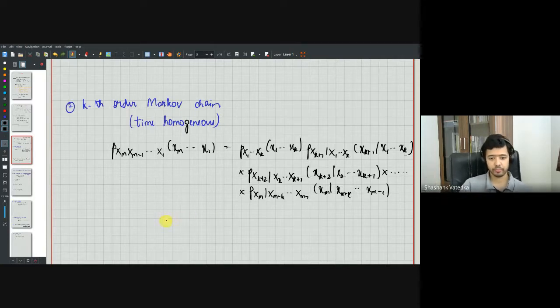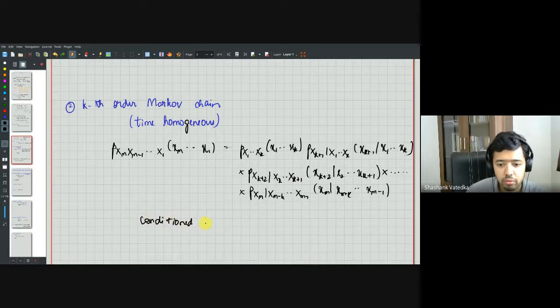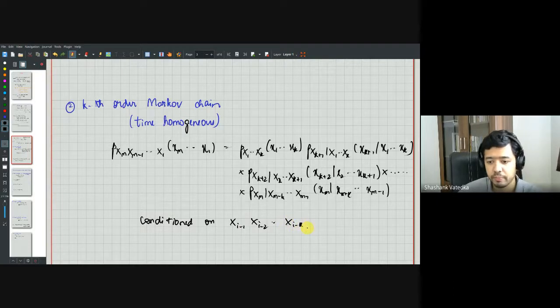So conditioned on x_{i-1}, x_{i-2} up to x_{i-k}, the random variable x_i is independent of everything else in the past.